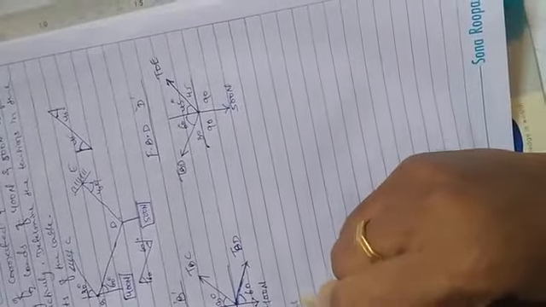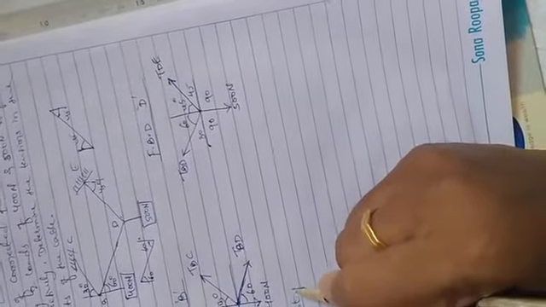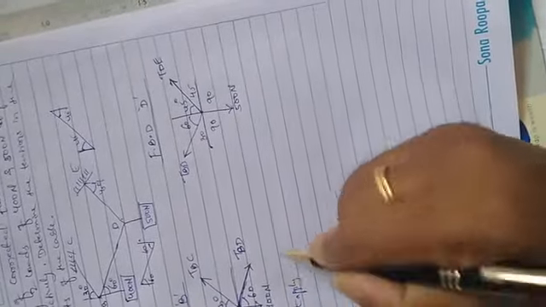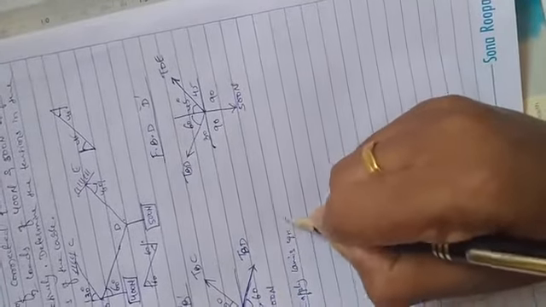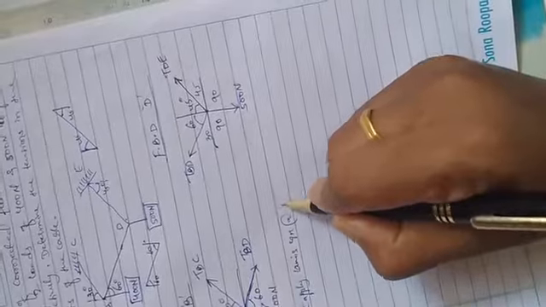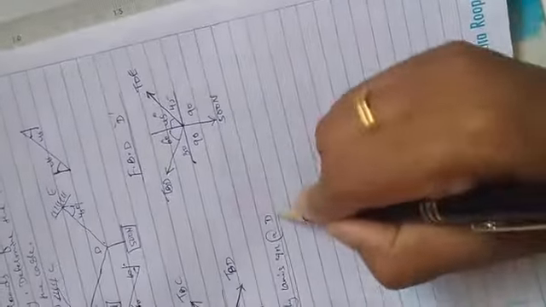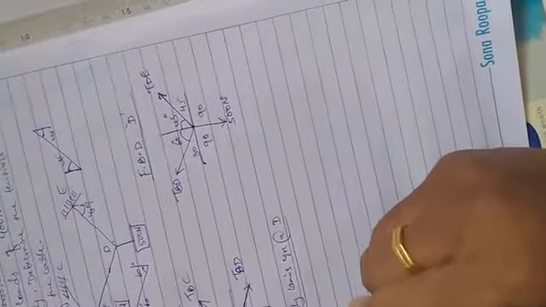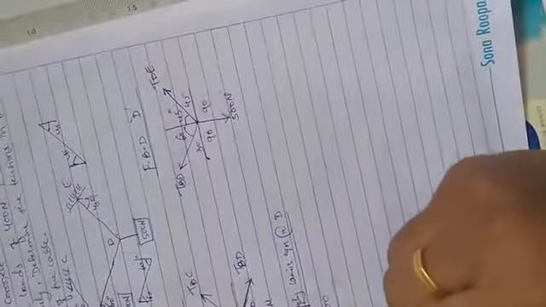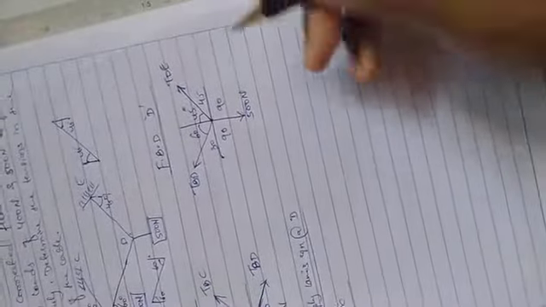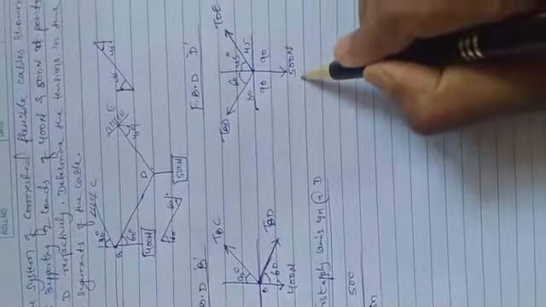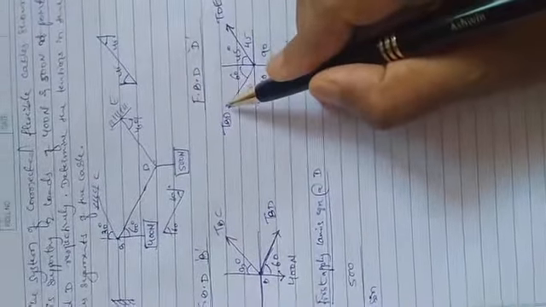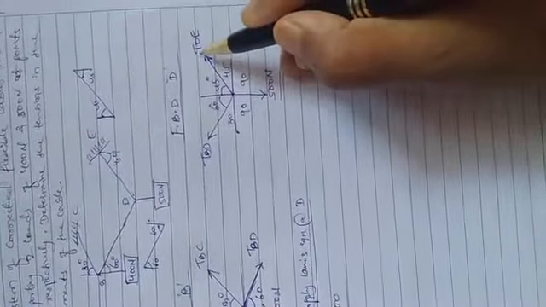Now first apply Lami's equation at joint D. First write the known force, which is 500 divided by sine of... Now look here, I have considered the known force 500 and the opposite two forces BD and DE.